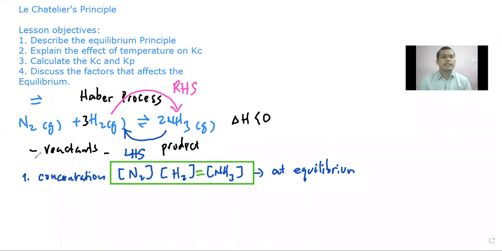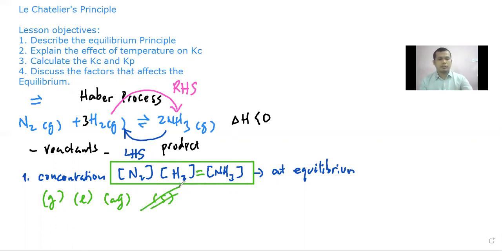Okay, next, you should check that the state symbols that we use here are supposed to be either gas, liquid, or aqueous. Because whenever we have a reaction that includes equilibrium, and in that reaction you have a solid state, then you should ignore it.